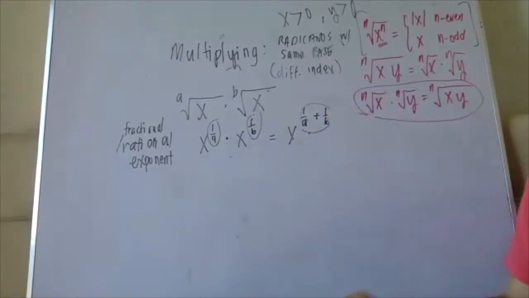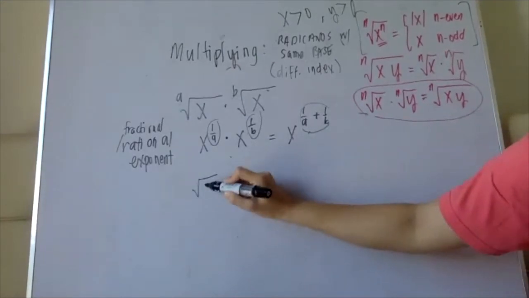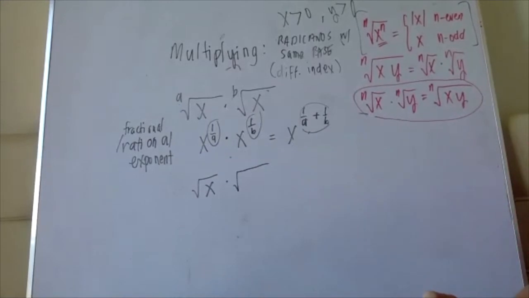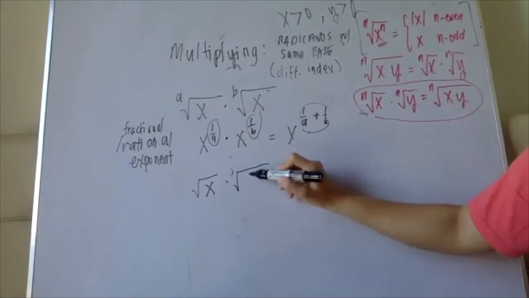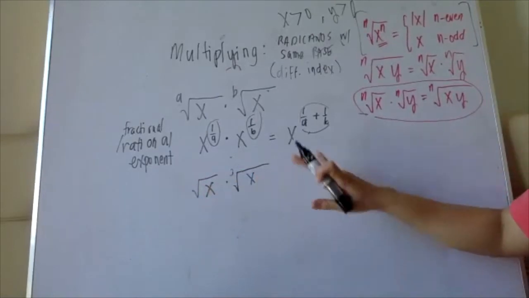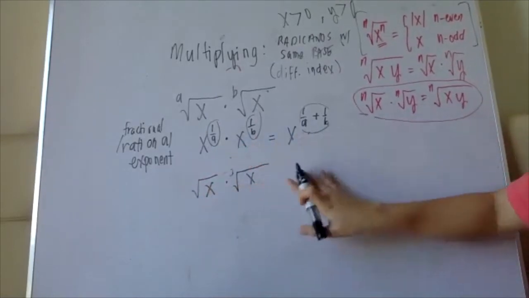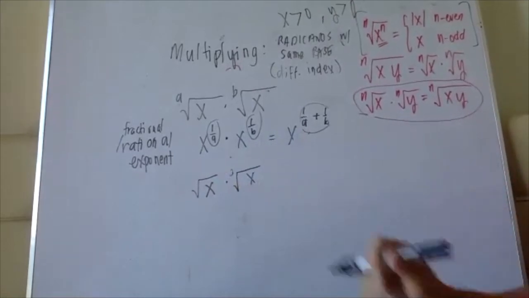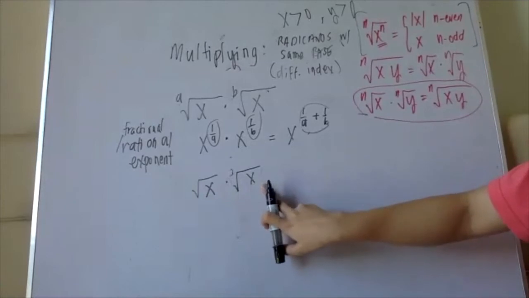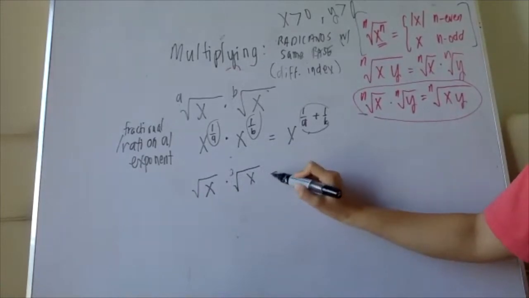So, for example, if we have square root of x times cube root of x. So, magkaiba yung index. Yung muna yung i-check. Kasi kapag magkapareho yung index, huwag na kayo mag-bother mag-ganito kasi mas mahaba lang. Okay? So, since magkaiba yung index natin, pero pareho silang may x na base, we can apply this.